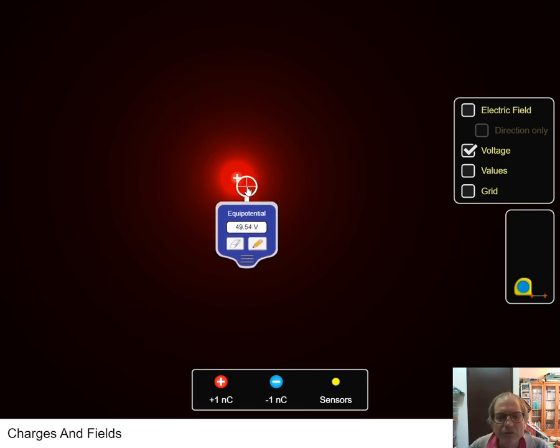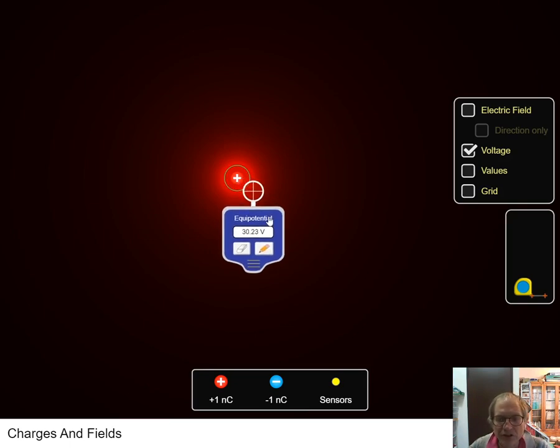Why don't we first of all put equipotential lines at a constant step? I'm going to put the first one at 10 volts. The next one we'll do at 40 volts. Next one at 30 volts.